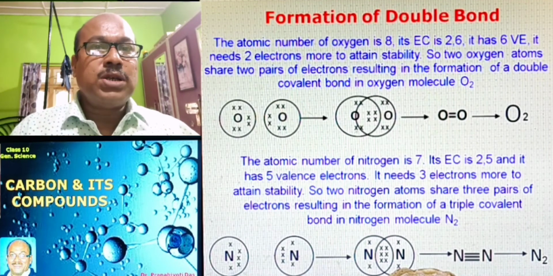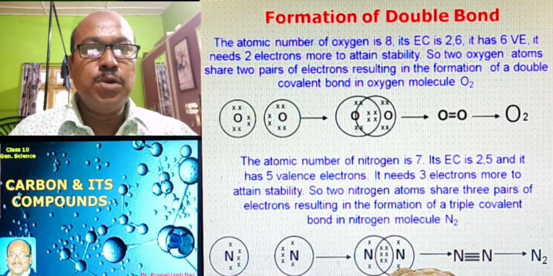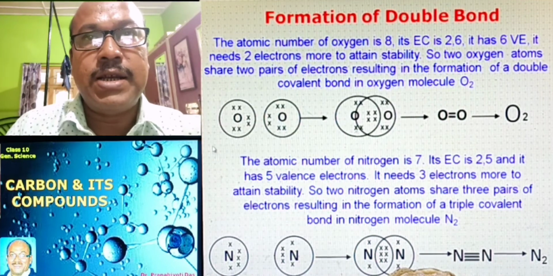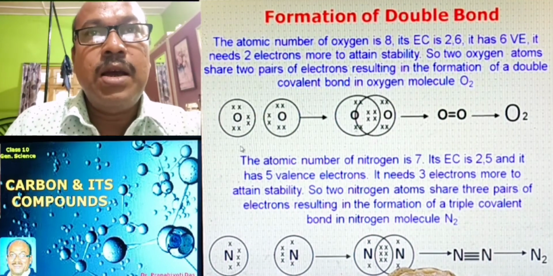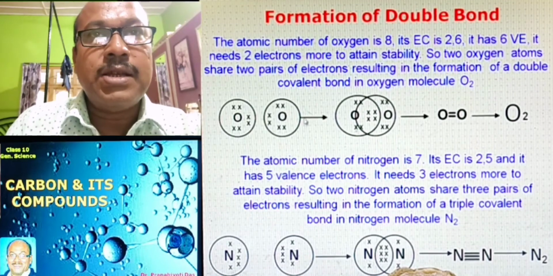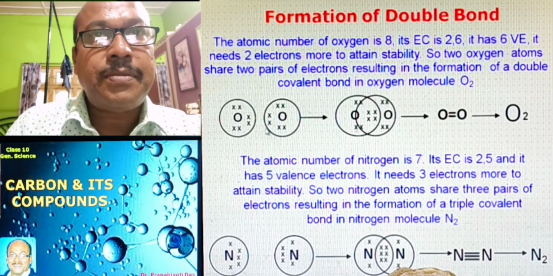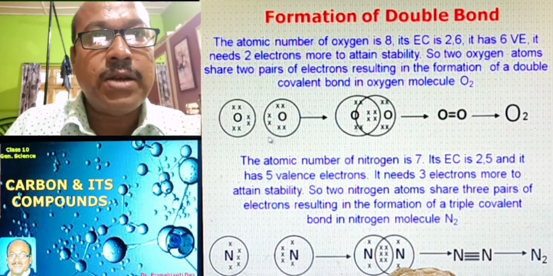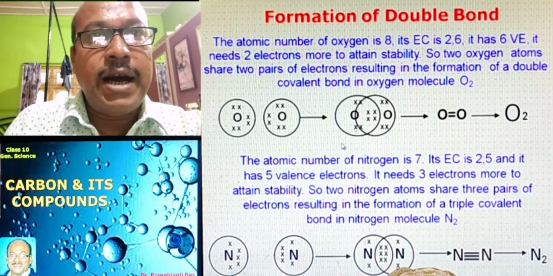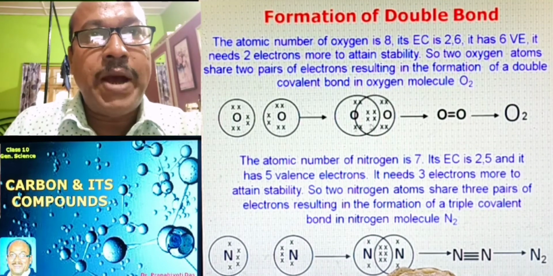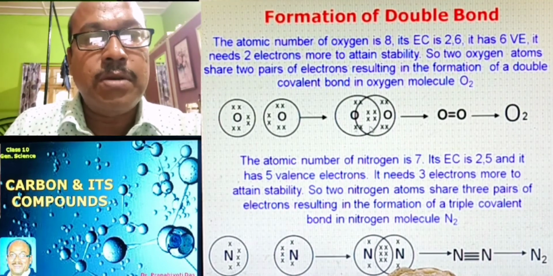That is why two oxygen atoms will mutually come very close to each other. We can see it here in this diagram. This is the first oxygen atom having 6 electrons in the outermost shell. This is the second oxygen having all the 6 electrons in its valence shell, means outermost shell. And they are sharing 2 pairs of electrons, we can see in between, 2 pairs of electrons.